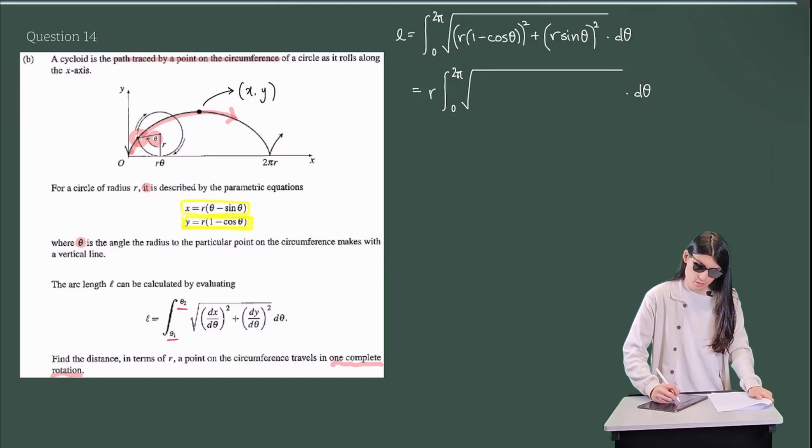So r can come out to the front. And then under the square root, I have 1 minus cosine theta all squared, which if you expand, you get 1 minus 2 cos plus cosine squared.